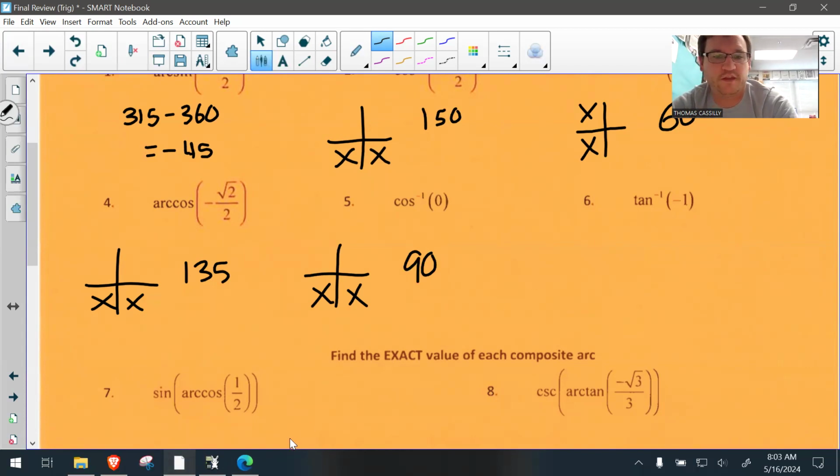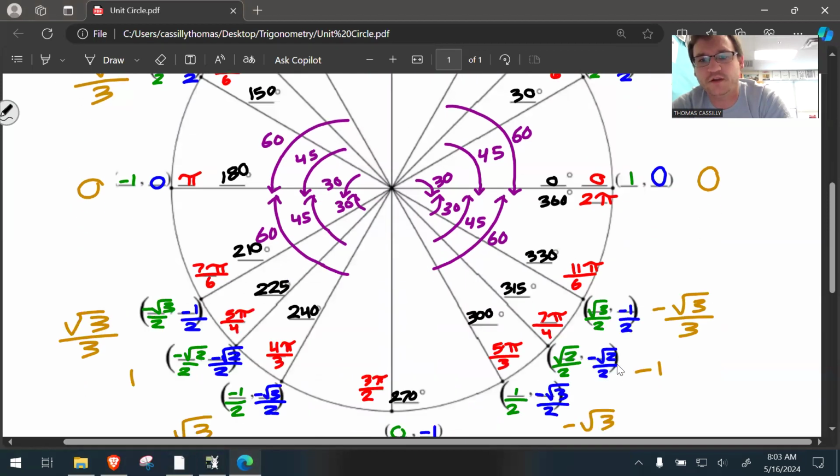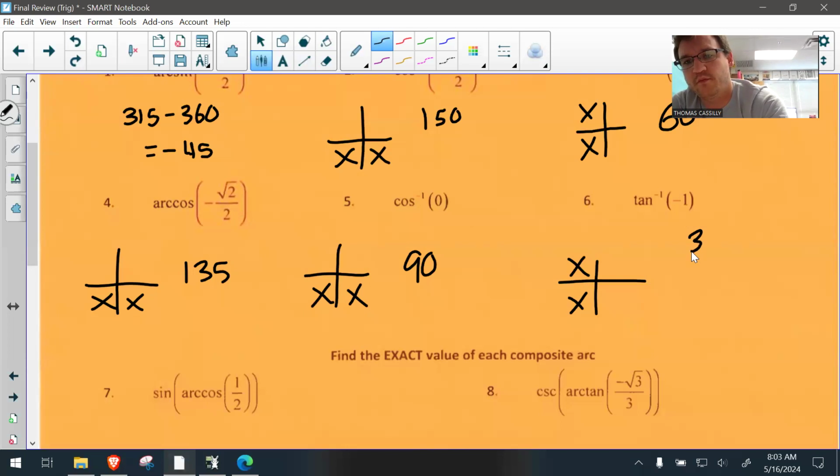And the last one, the inverse tangent of negative 1. One more time, tangent is only good in quadrants 1 and 4. So find negative 1, which is right here, in quadrant 4. That gives us a 315-degree angle. But I can't do 315 because it's only defined between negative pi over 2 and pi over 2, or negative 90 to positive 90.